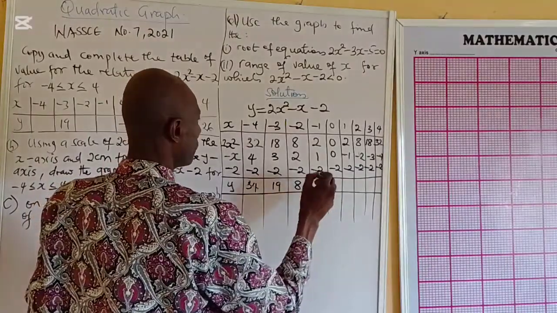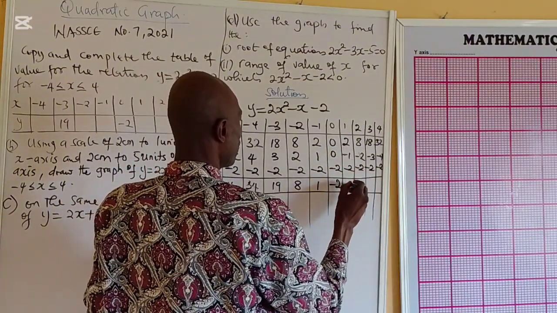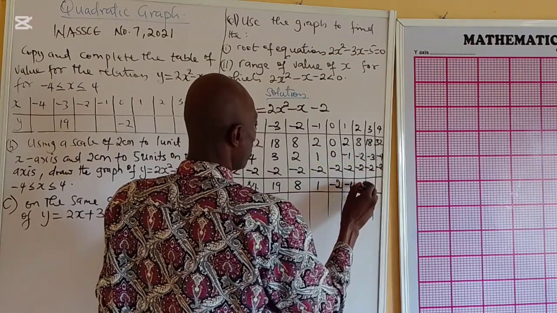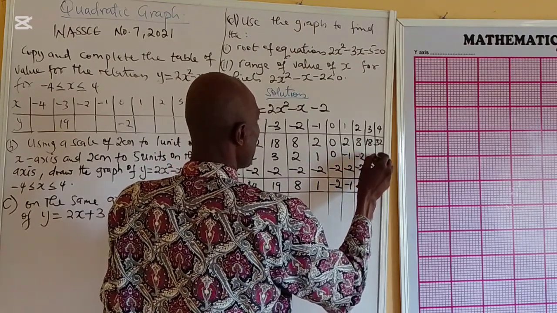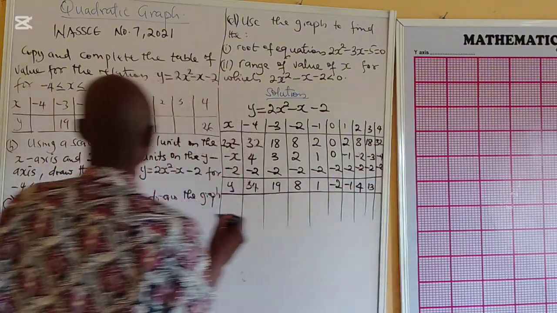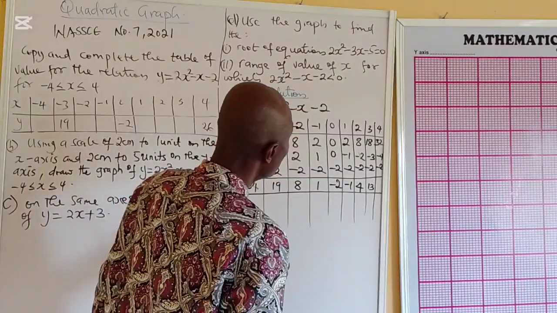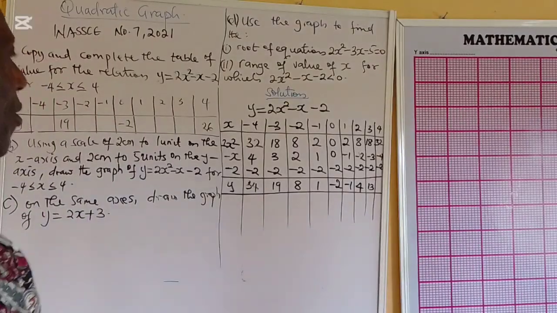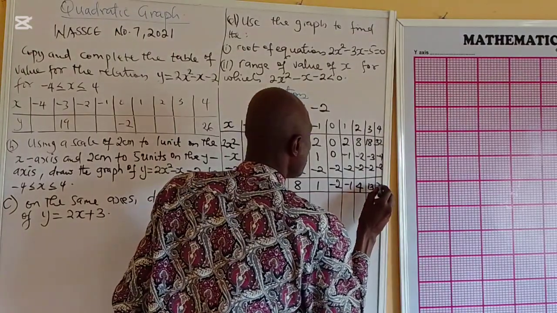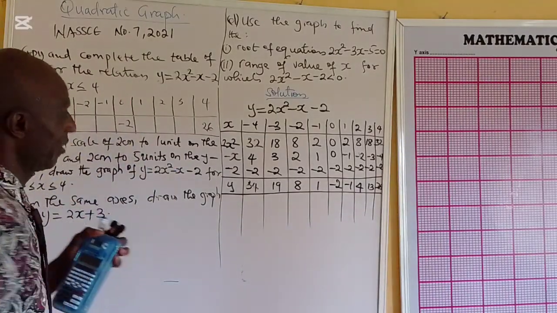So yes, 1 minus 2, minus 1 gives us minus 1. 2 minus 2 is 0. 8 minus 4 gives us 4. Here is 5, 18 minus 5 gives us 13. Here is 32 minus 6, which gives us 26. And those are the values we have here.